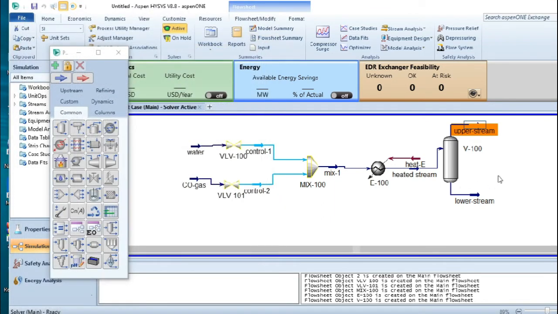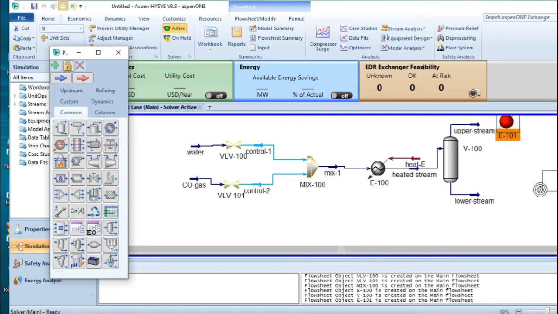So we now introduce our coolers for the upper stream and also for the lower stream.